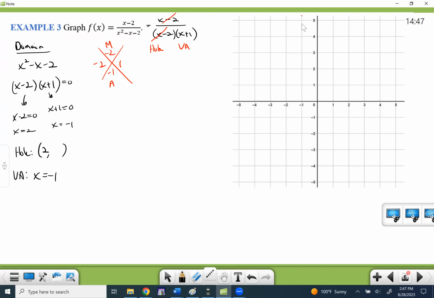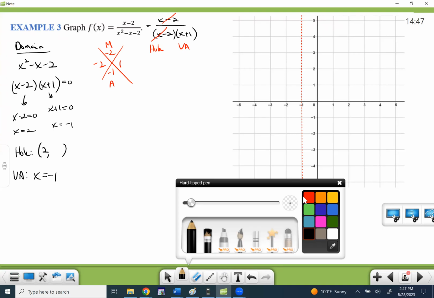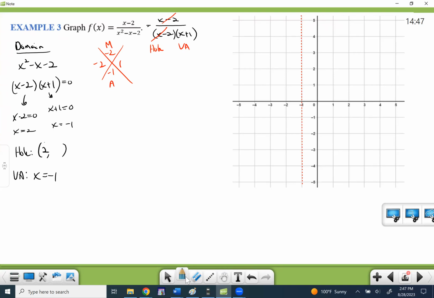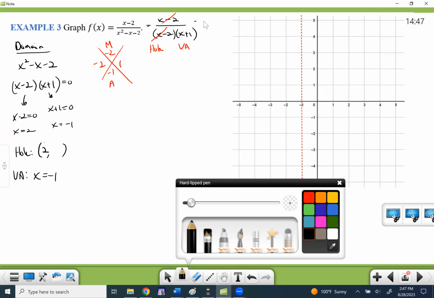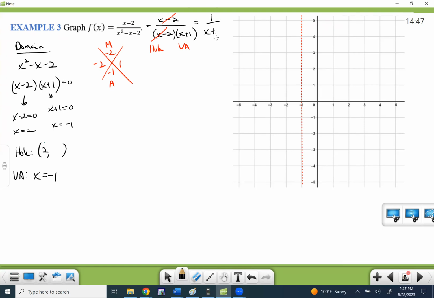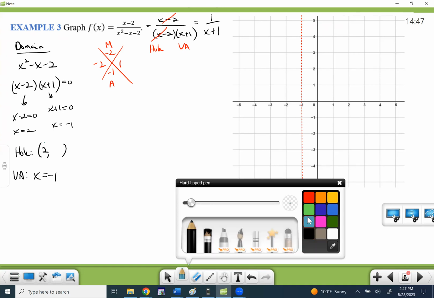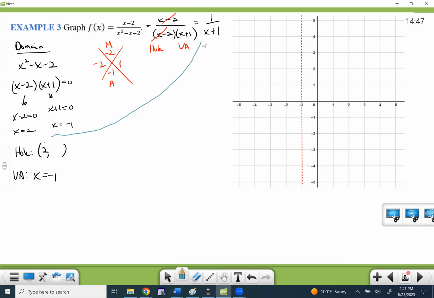So let me put the vertical asymptote into the graph while we're here. And then for the hole, we're going to have to take this 2, and plug it into the simplified version. We don't want to substitute it into the original because it'll be undefined. So we're going to substitute that 2 in.